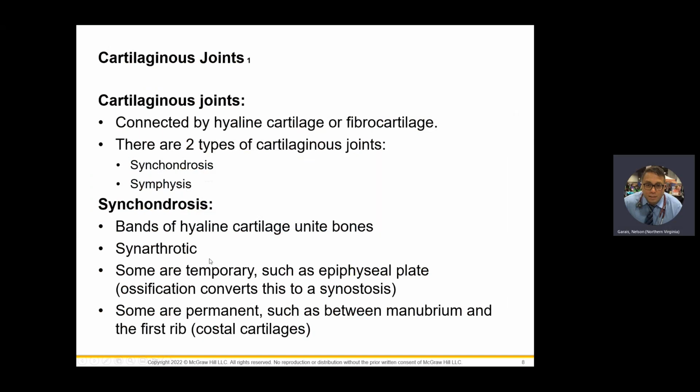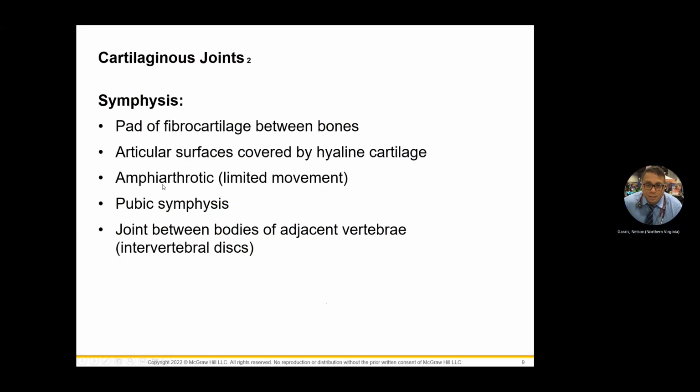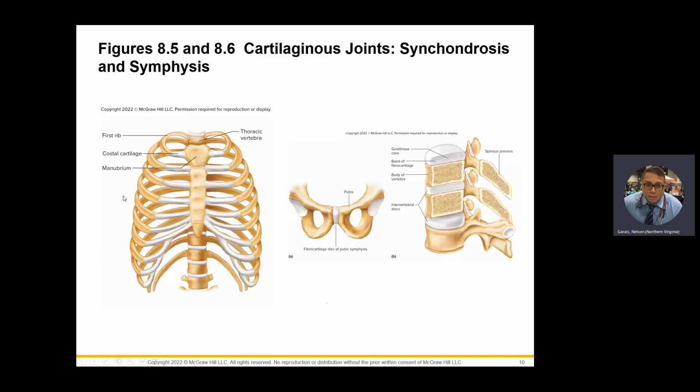Cartilaginous joints, like your pubic symphysis, synchondrosis, right? Hyaline cartilage, most common. And where can we find them? Epiphyseal plates, the spaces in between your manubrium sterni and your first rib. But symphysis has fibrocartilage, and here are some more examples of cartilage.